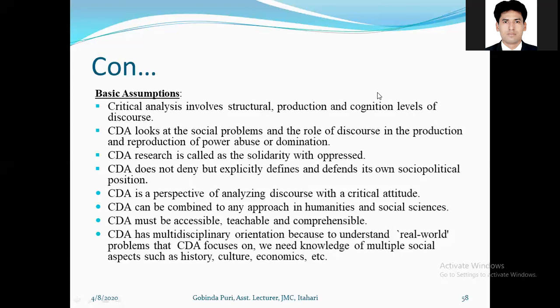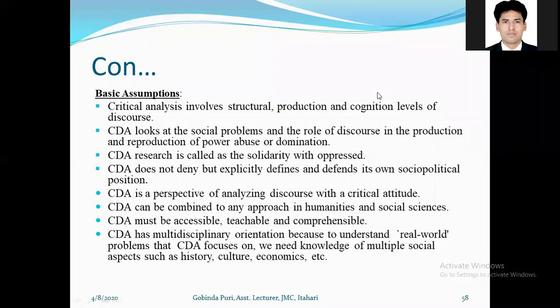How many times the teacher is producing sentences, and what is the tone of his language, whether he is dominant or not. How many times the students interacted. Such things you have to see. Power abuse and domination in critical discourse analysis.